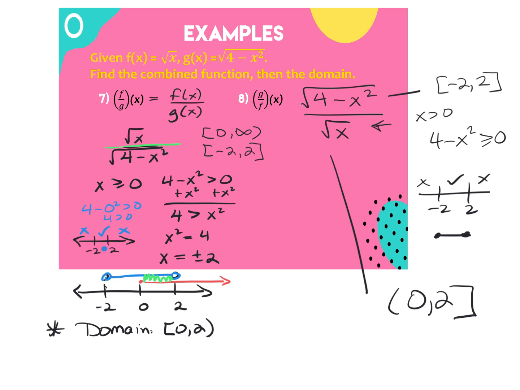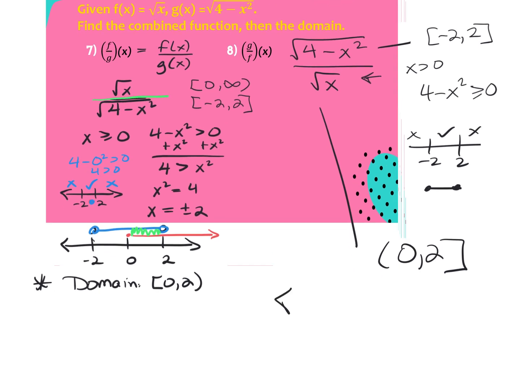Because if I put both of them on the number line, -2, +2, and then 0, this was an open circle going this way. And then these were closed circles. And again, it's only where the green is. So that's why it had an open circle there.